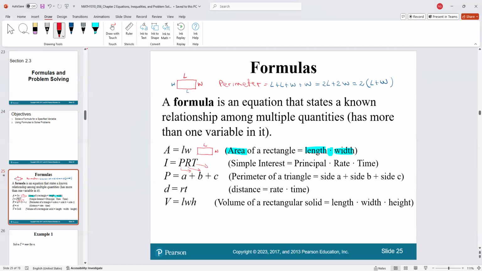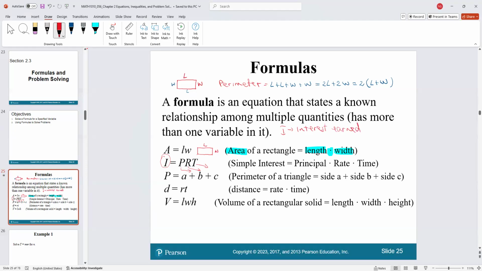So P would be $1,000 you invest. R would be 5%, 0.05, and T, for how many years you make that investment, is 5 years. So T would be 5. Then I is the interest earned. So that's a formula, interest earned.